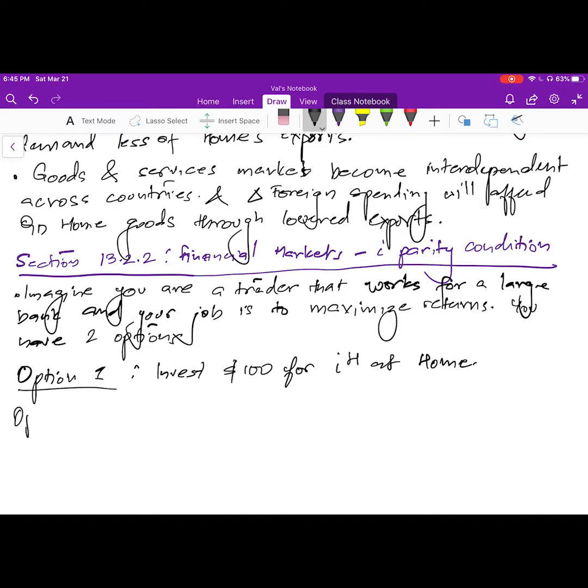Or option two, okay, this is a multi-step option.